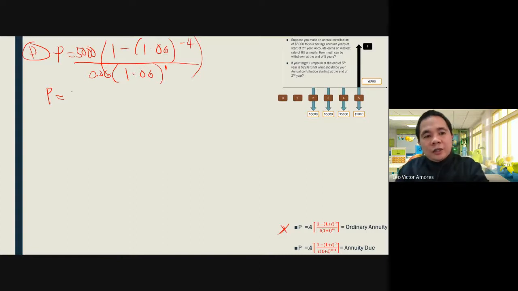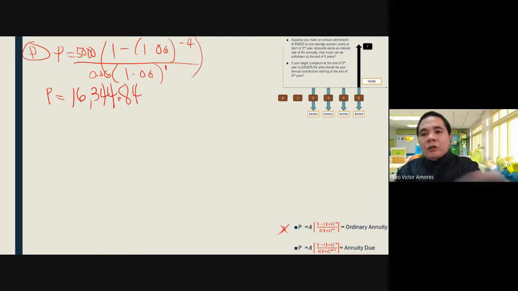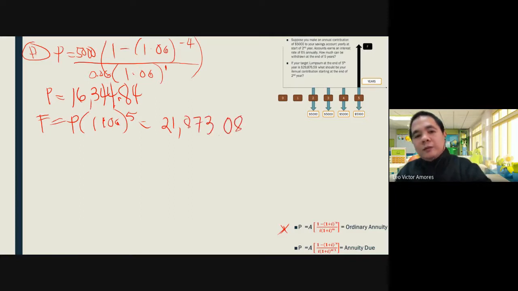That is 16,344.83. And if you look at it, the problem is looking for the value at the end of each year. So that is F is equal to P times 1.06 to the exponent 5. Okay? So the answer is 21,873.08.